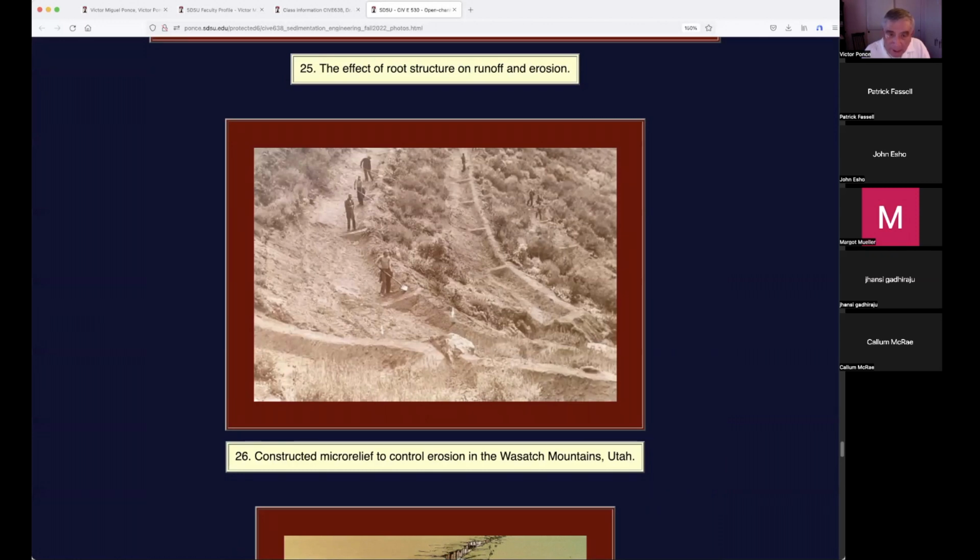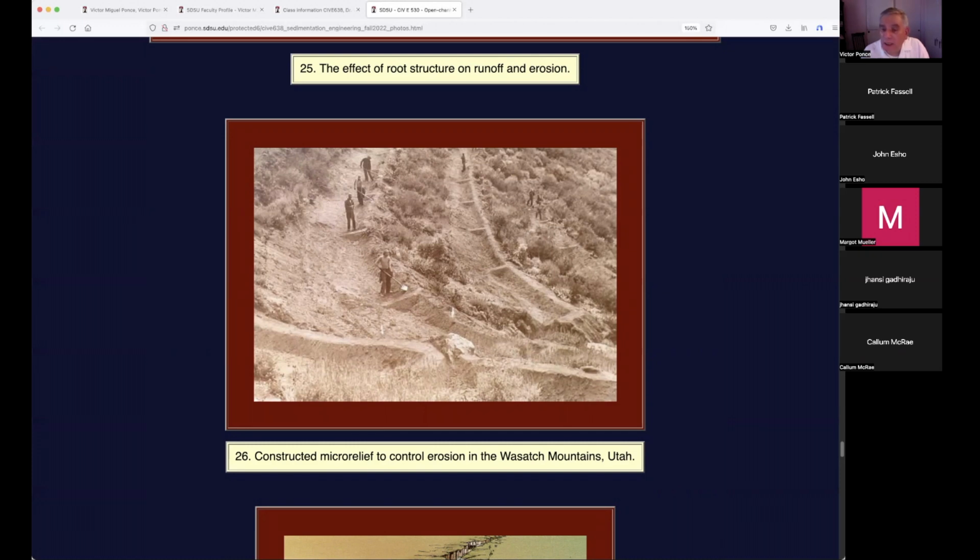In here, we have people from the WPA constructing erosion control features in the Wasatch Mountains in Utah. Very successfully, they built these very small reservoirs, as you can see, to hold on to the water. Without the water ponding in these small ponds, it was going to rush down.